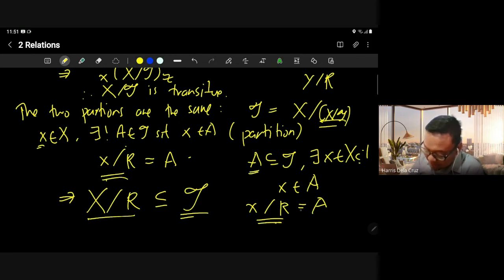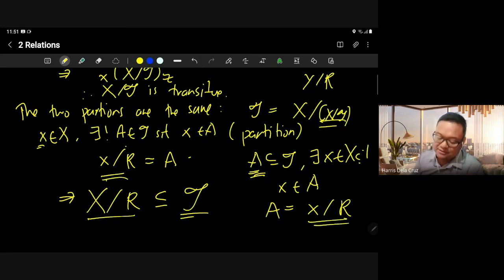So, everything na laman ng partition, baliktad lang, yung logical sense lang kaya ako binaliktad. Lahat ng laman ni partition ay isang equivalence class. Right? Lahat ng laman ng partition ay isang equivalence class. So, ano ibig sabihin nun?